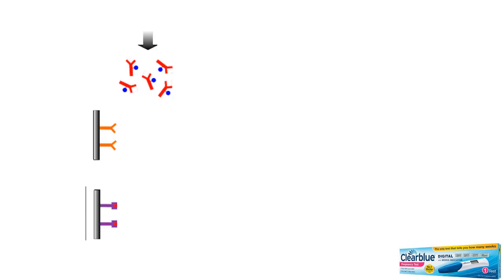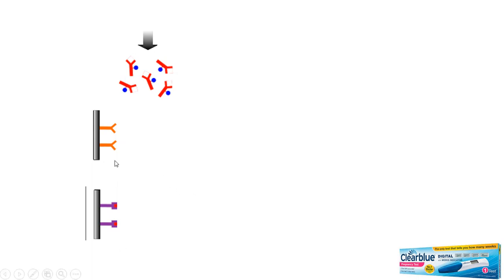So a more common example of a sandwich ELISA is your standard pregnancy test. So we're going to start off with how the pregnancy test works when an individual is not pregnant. Okay, so this is the basic setup of the strip or the kit.